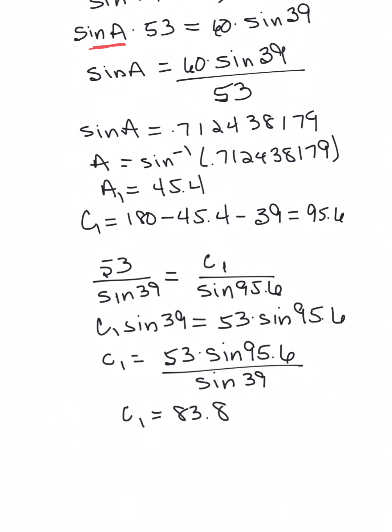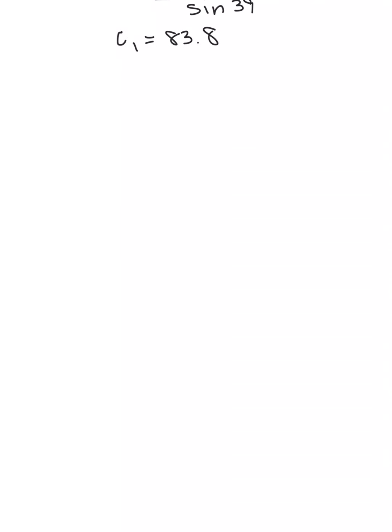We have to see if there is a second possible triangle. So the first angle that we found, the A1, was 45.4 degrees. That's a quadrant 1 angle.